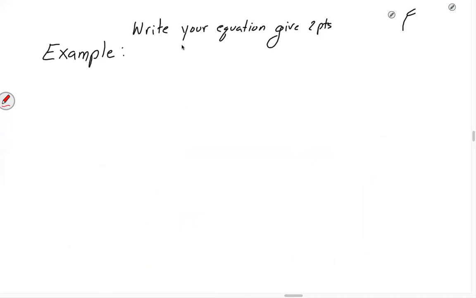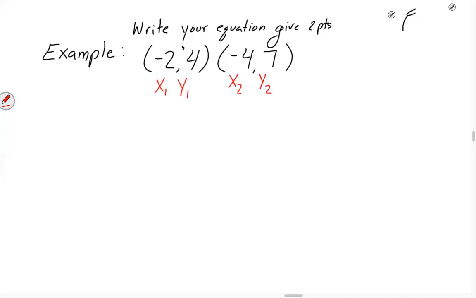All right, here we go. I'm giving you the points -2, 4 and -4, 7. Step number 1 is always to label. I have 2 points. I'm going to label the first one x1, y1, and the second one x2, y2. Step number 2 is always to write your equation. I have 2 equations. The first has y2s and y1s and x2s and x1s.